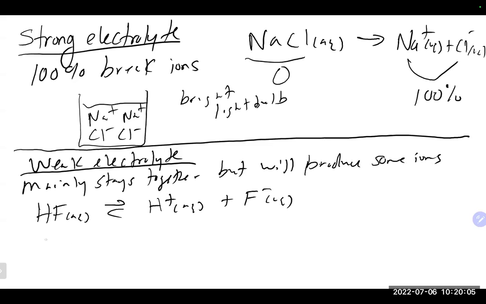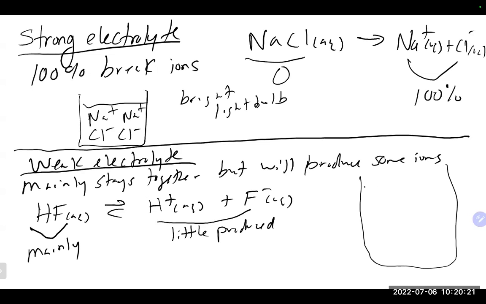But in solution, you mainly have HF still together. You do produce a little of these ions. So if you looked at a beaker with HF in it, it would mainly be HF floating around, but you would have a little bit of H plus and a little bit of F minus with it as well.